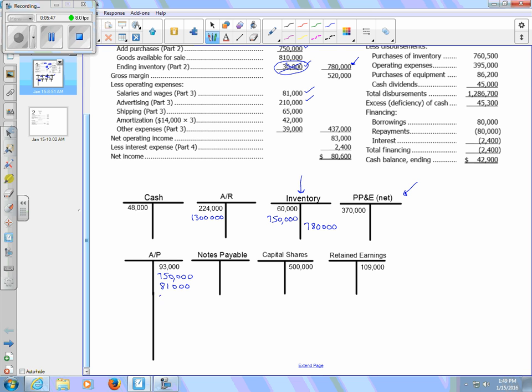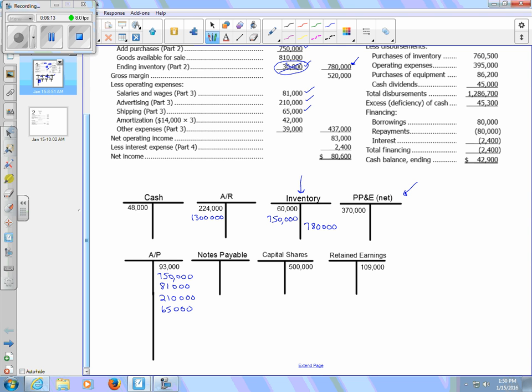210,000. Shipping, again, we're going to assume that it's a purchase on credit. So that's going to go into accounts payable. Amortization. Amortization affects accumulated amortization on the balance sheet.